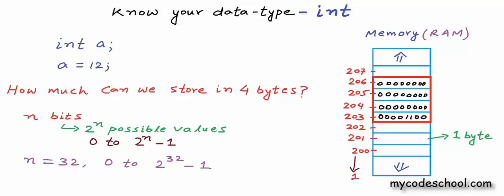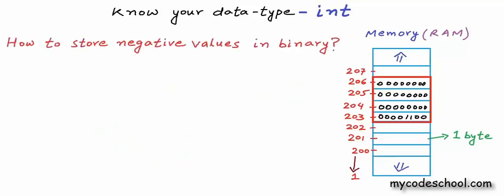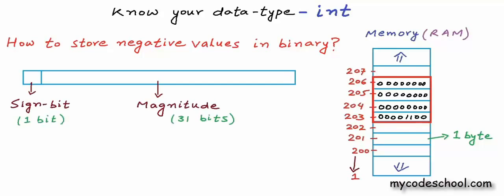First of all, how do you think we can store negative values in binary? One of the things that we can do is use one of the bits to store the information whether it's a positive number or a negative number, and use the rest of the bits to store the magnitude or absolute value. So if we have 32 bits, we can do something like this.